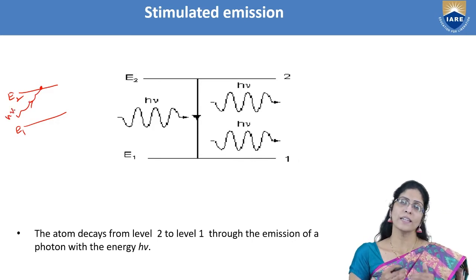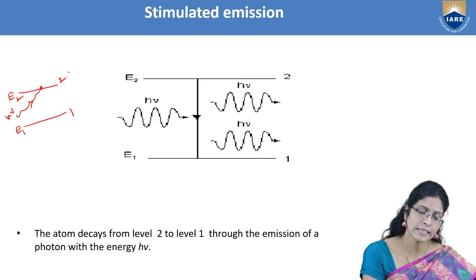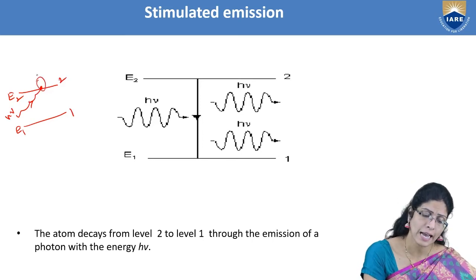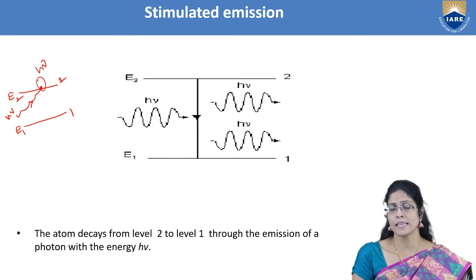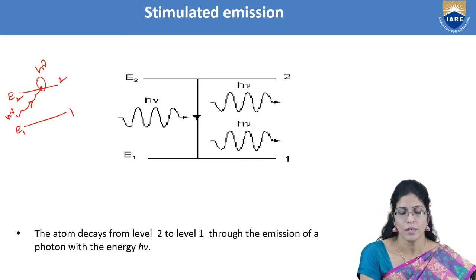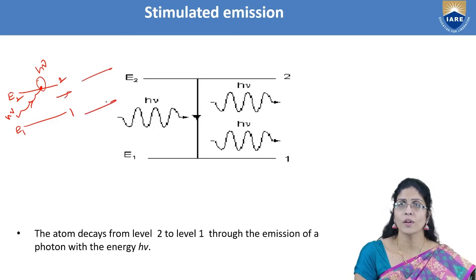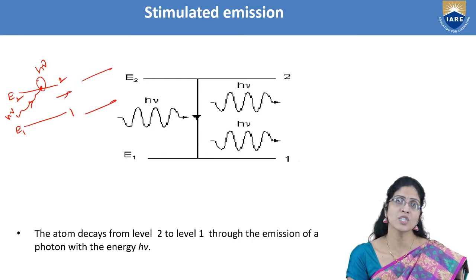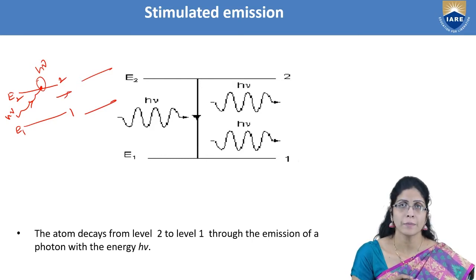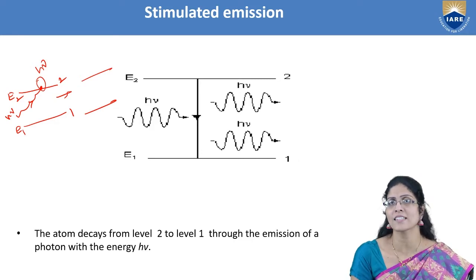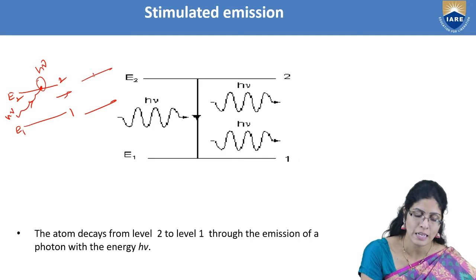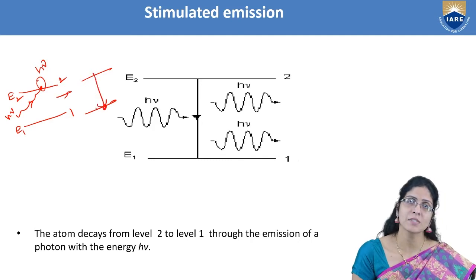As I told you already, when the electron is staying in the higher energy level, it has certain energy h nu inside it, which is equal to E2 minus E1. And now you are disturbing or stimulating it with an external photon. As we know, it makes a downward transition from a higher energy level to a lower energy level, and when it comes down, it has to release the energy inside it.